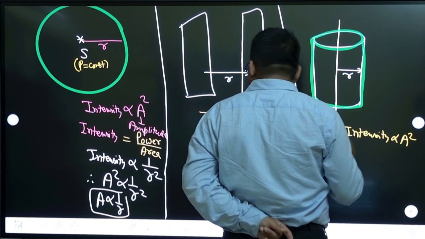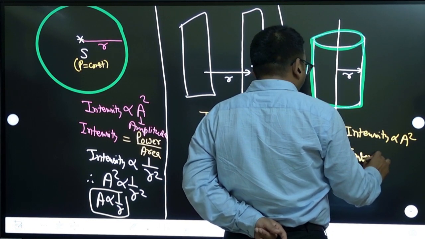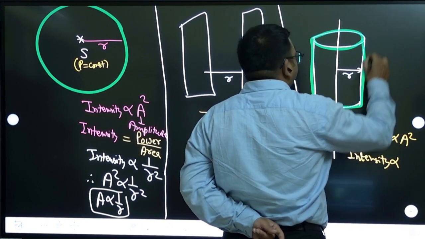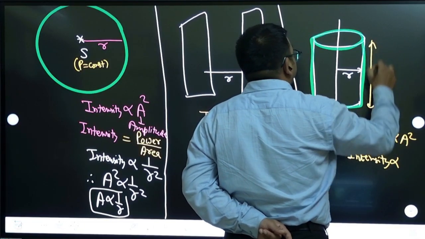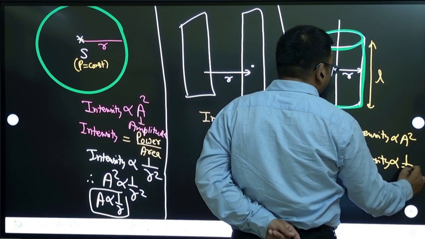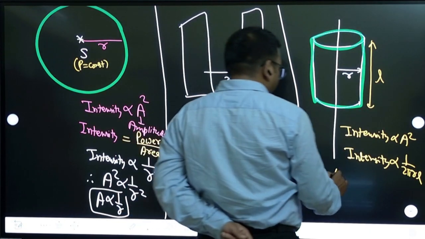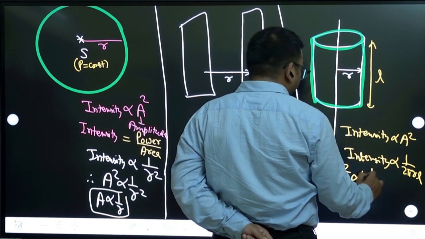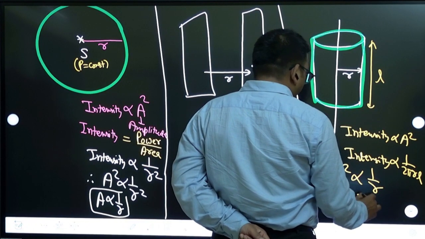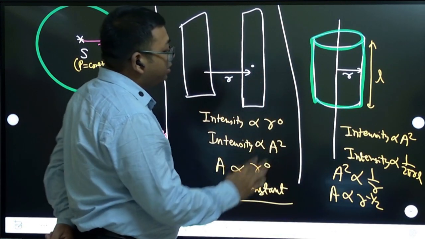But what about distance? Here intensity is power divided by area. Let us say this length is L, so surface area is 2 pi r into L. Let us take L constant. So A square is proportional to 1 by r, so A is proportional to r power minus half, because you take the root.